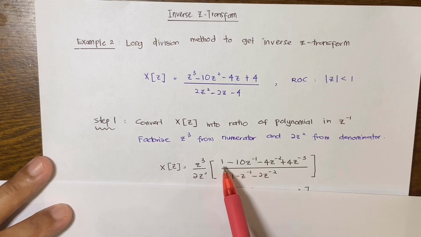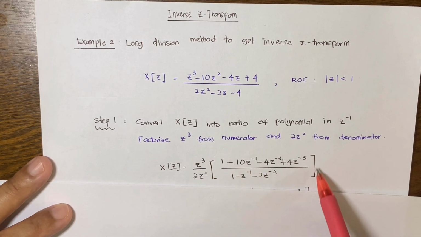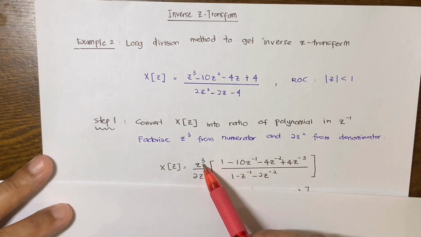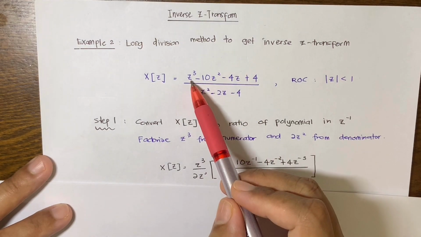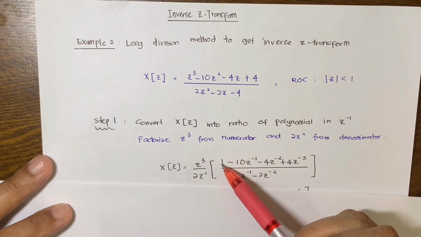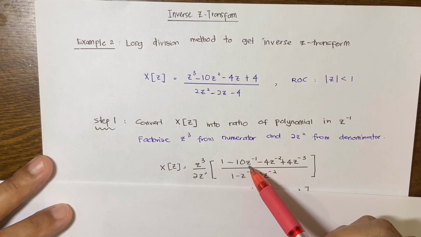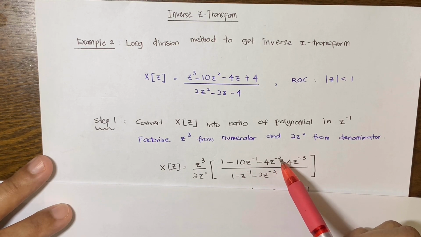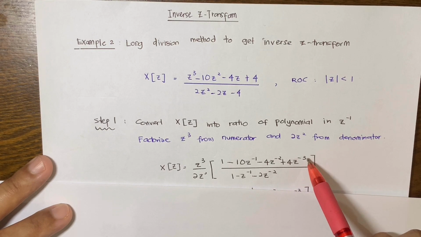So what is left in this bracket? When you put z cubed outside, it will be 1 minus 10z to the power of negative 1 minus 4z to the power of negative 2 plus 4z to the power of negative 3.